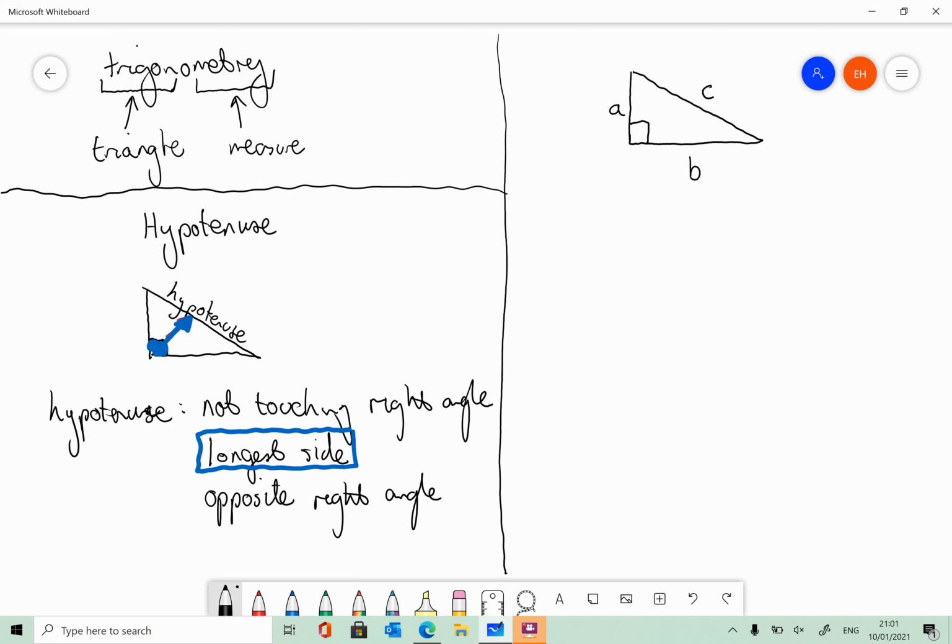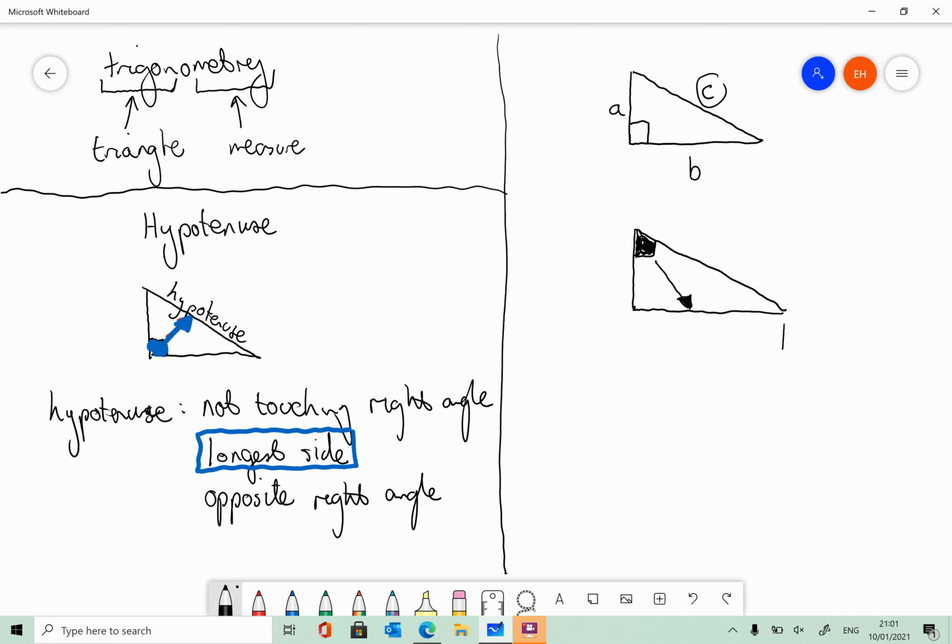So the hypotenuse is C. And if I was to draw the same triangle and I do something absolutely ridiculous, I say, oh, the right angle is up here now this time. That's the right angle up there. I know it's not a right angle, but let's just say it is the right angle. Well, then the hypotenuse this time is down here. So the hypotenuse is always opposite the right angle.